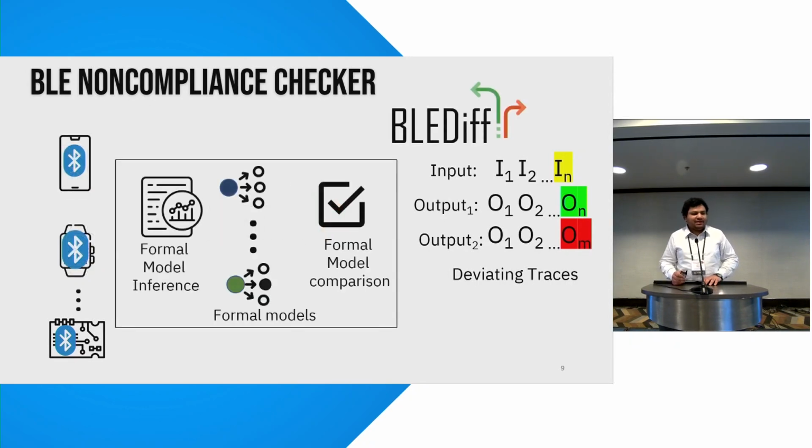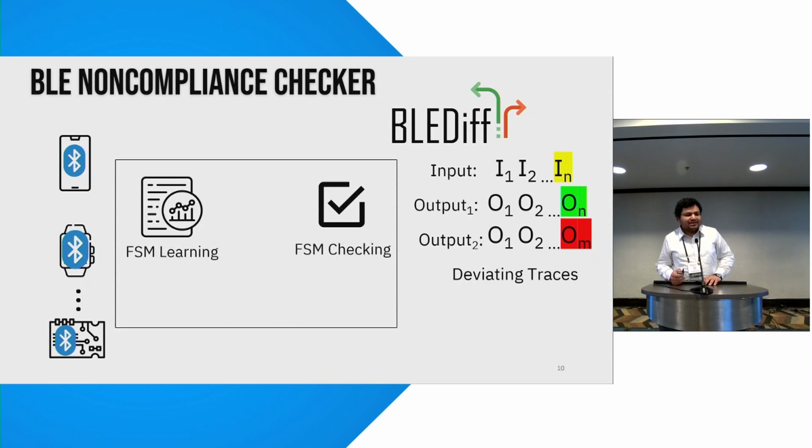On a high level, for this non-compliance checking, we need to solve 2 major issues. First, we need to come up with a formal model from the protocol implementations. And secondly, we need to compare the different models of BLE to find non-compliant traces. Following this discussion, BLEDiff has basically 2 modules, one for finite state machine learning, and second for checking these finite state machines. For finite state machine learning, one possible idea can be to do reverse engineering.